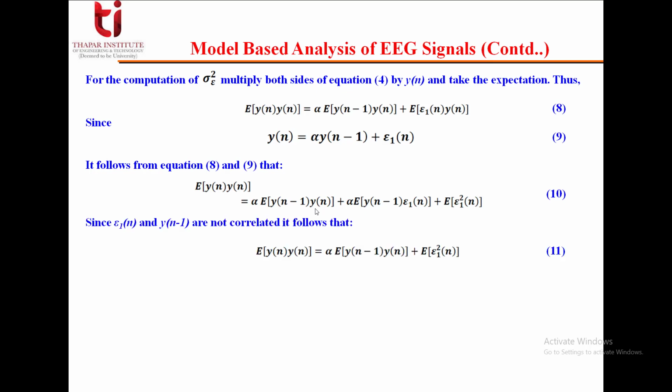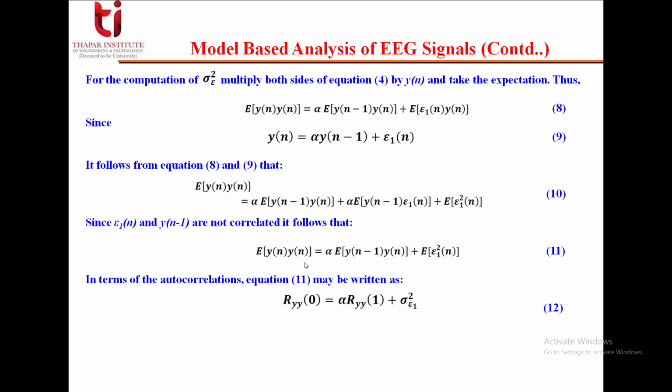Again, as we know that epsilon 1n and y of n minus 1 are not correlated, the second term will be 0. So equation number 10 will reduce to expectation of yn times yn, which will be equal to alpha times expectation of y of n minus 1 times yn plus expectation of epsilon 1 square n.